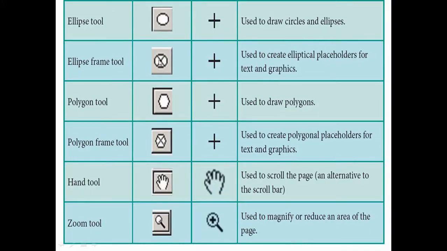Ellipse tool, ellipse frame tool. Polygon tool, you have polygon frame tool. Hand tool, it is used to scroll the page, an alternative to the scroll bar. And you have the last one, zoom tool, it is used to magnify or reduce an area of the page.